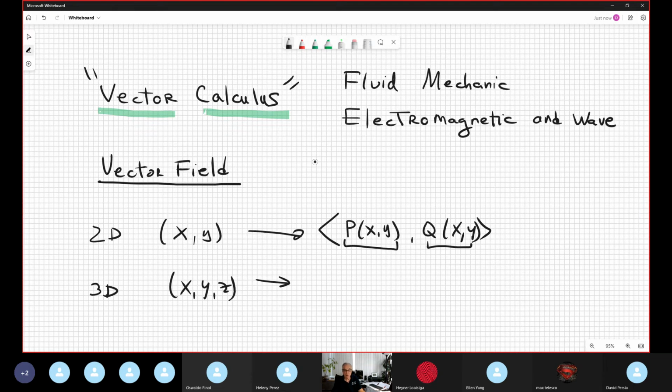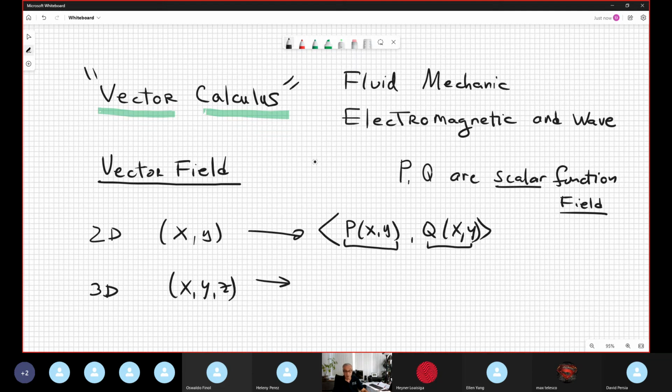P and Q both are scalar functions. Some books call it a scalar field. I don't like this because actually it's a function in 2 dimensions. The functions we studied in the previous chapter, P and Q, we can represent like a surface.